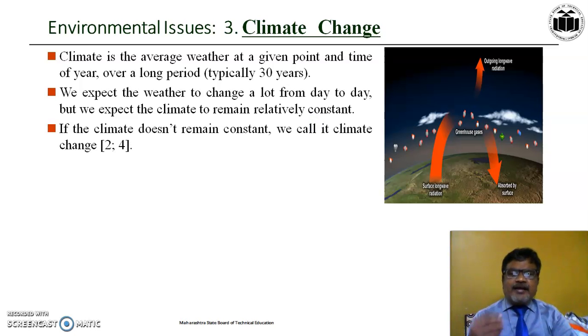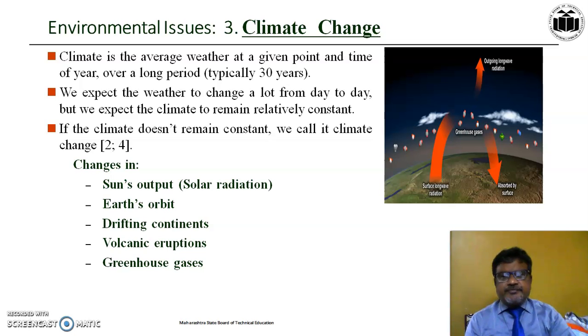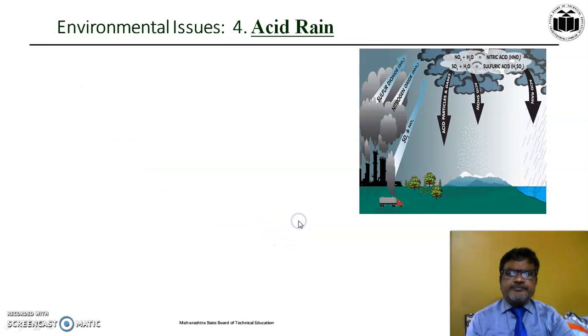If the climate doesn't remain constant, we call it climate change. Now, the causes of climate change: the sun's output and solar radiation change, Earth's orbit changes, drifting continents change, volcanic eruptions change, and there is change in greenhouse gases also.